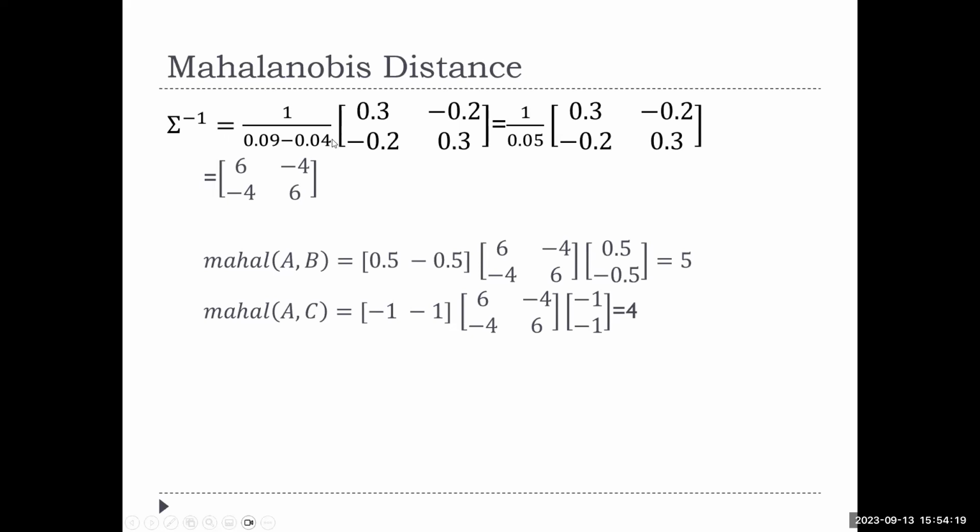Then you look at the difference for each dimension: 0.5, negative 0.5 here, and then 0.5, negative 0.5 here, transpose. For the other one, negative 1 and then negative 1 here. So when you compute this, you get 4 for this one, and then 5 for the first one.